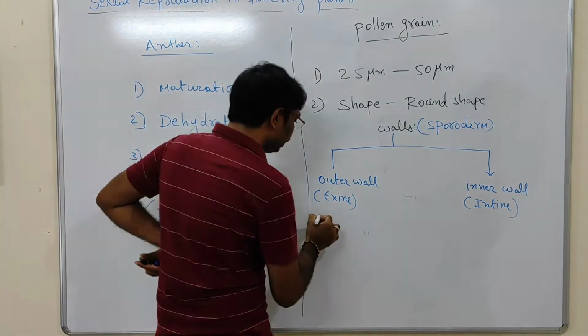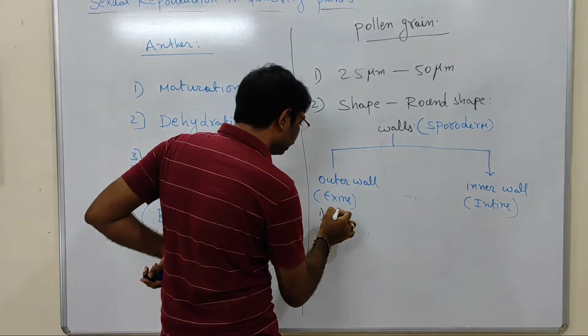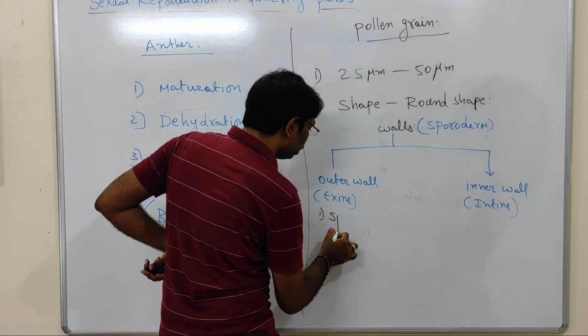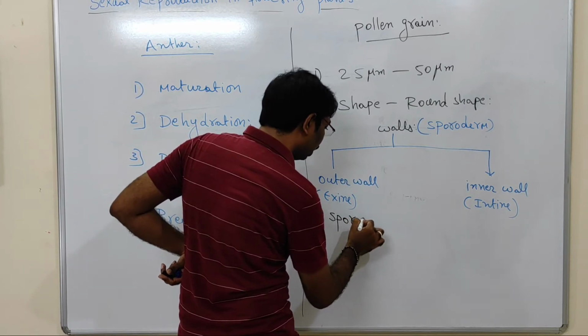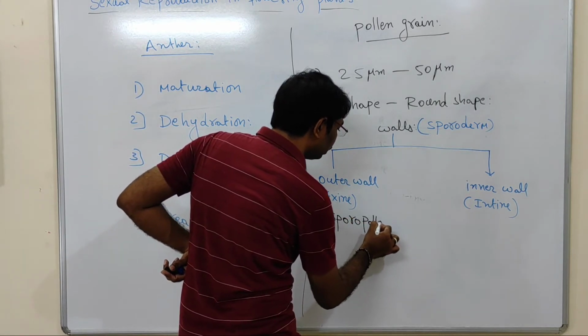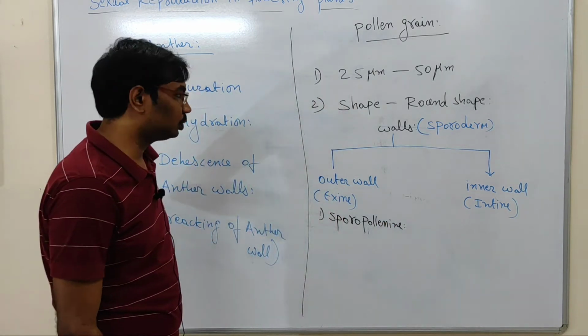Okay, so what are the characteristics of the outer wall, or exine? It is made of the hardest organic material on earth, which we already discussed in the last class. Did you remember? Sporopollenin. What is the character of sporopollenin?